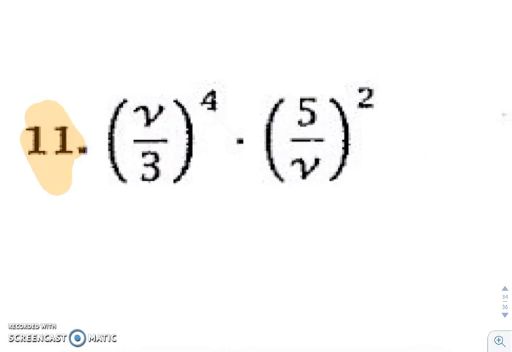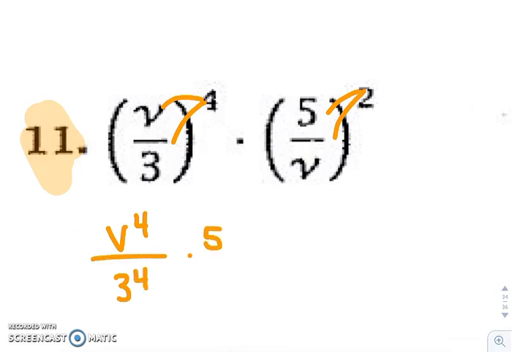V over 3 to the 4th times 5 over v squared. I like to distribute my exponents inside to everything first. So this will become v to the 4th over 3 to the 4th, times 5 squared over v squared. So yes, it's two separate fractions, but you're still going to multiply straight across.